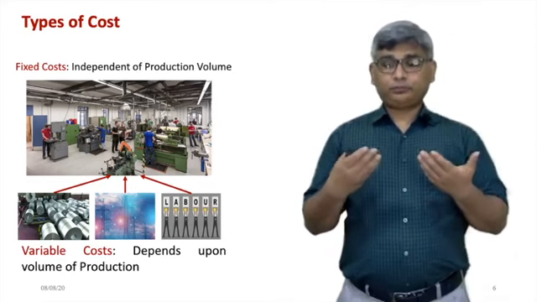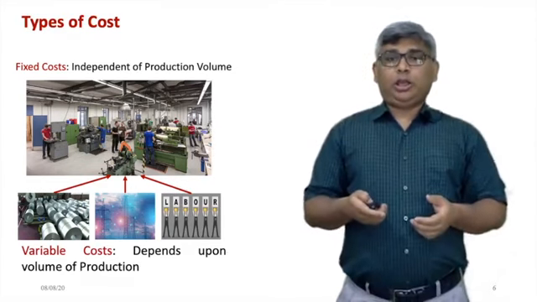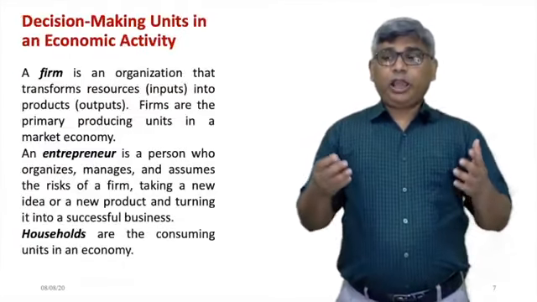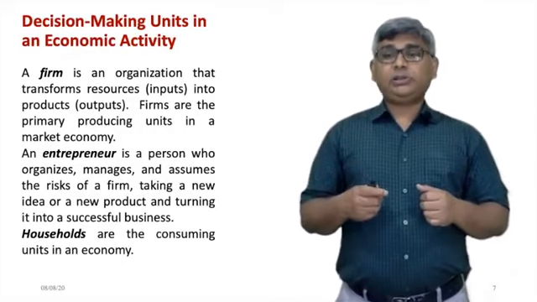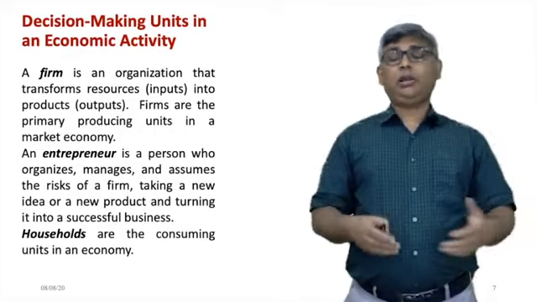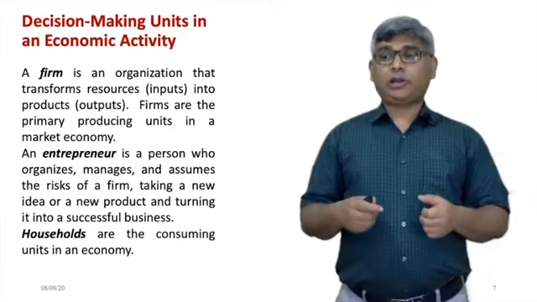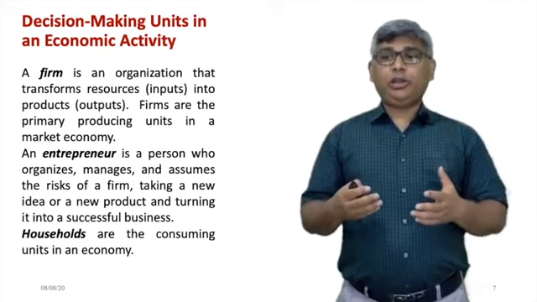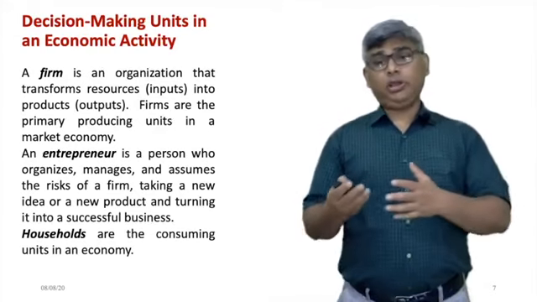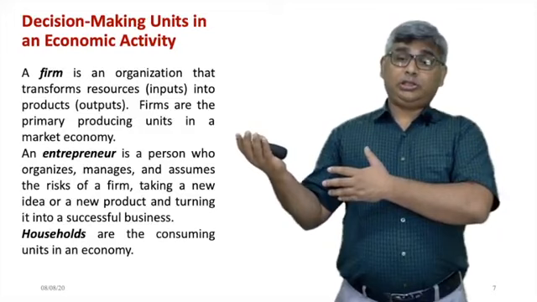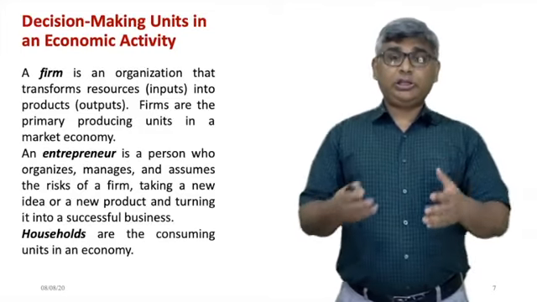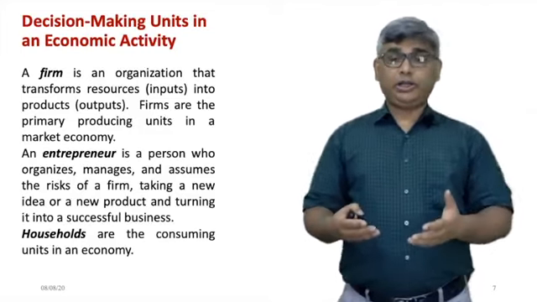We have a market. Now whenever an economic activity is taking place, that means a willing buyer and a willing seller are interacting at a place we call a market, and they are negotiating, or maybe the supplier is dictating the terms and conditions depending upon which kind of market it is.